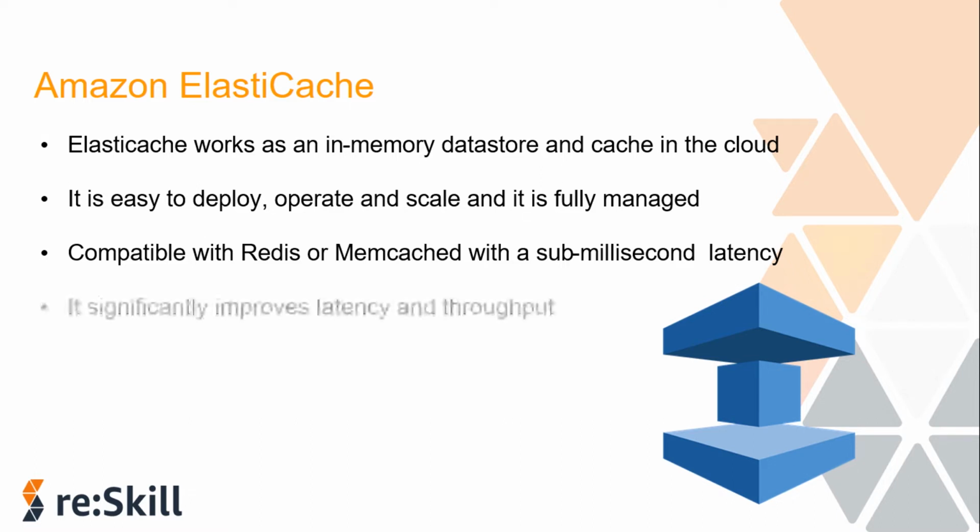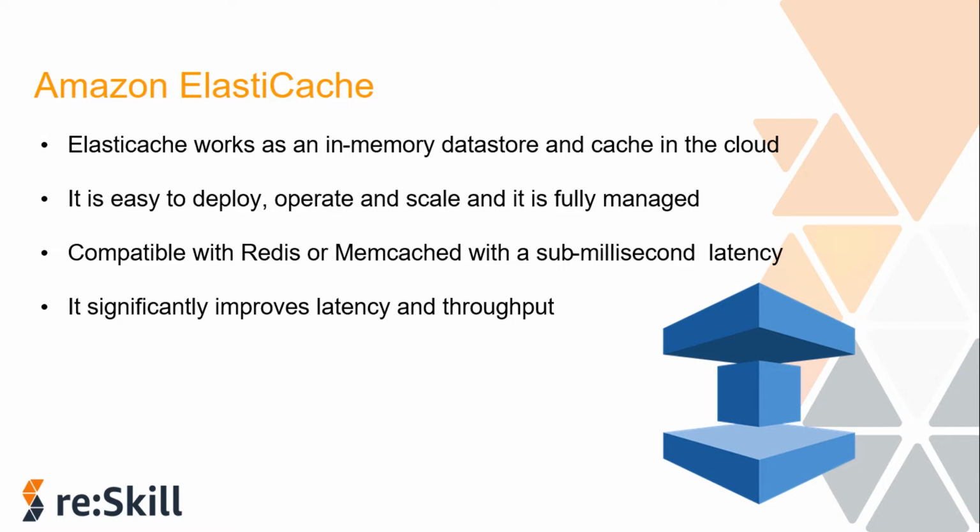It is used for retrieving data from high throughput and low latency in-memory data stores, and it significantly improves the latency and throughput for many read-heavy application workloads, for example social media, gaming or media sharing, improving application performance by storing critical pieces of data in memory for low latency access.